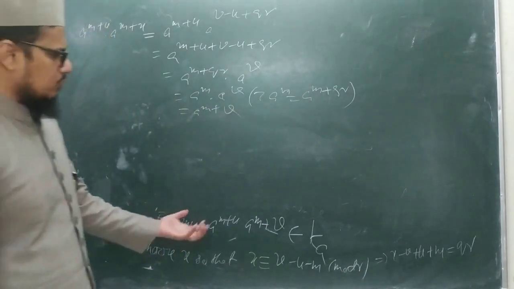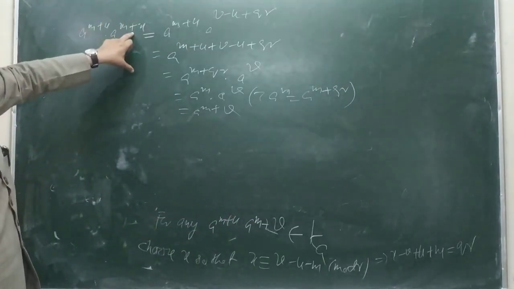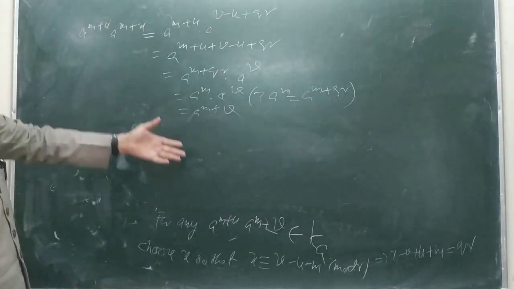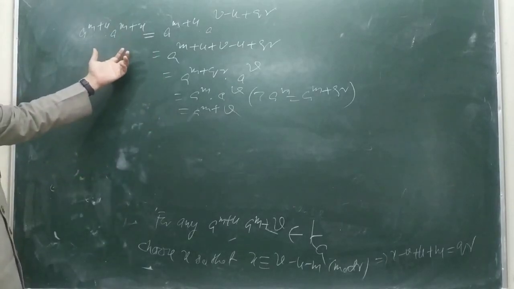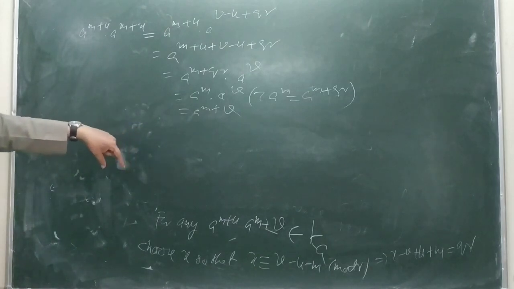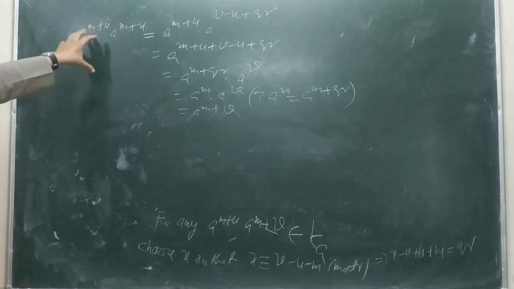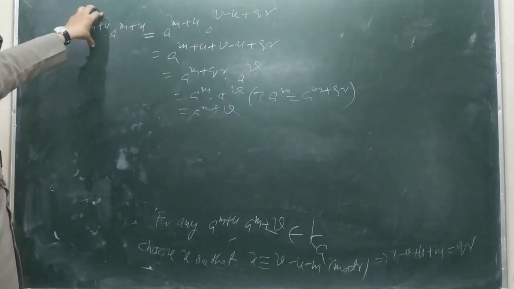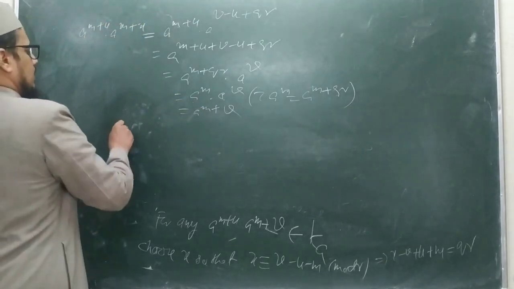For any two elements of K, we got some element a to the power m plus x, which is again from K. So a to the power m plus u into a to the power m plus x is equal to a to the power m plus v.